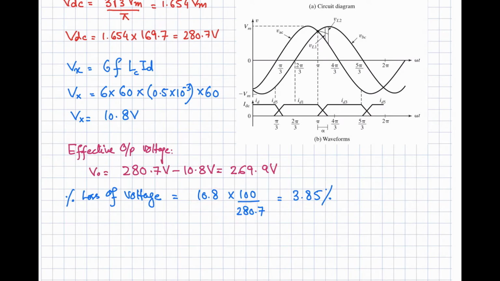Higher the line inductance, more will be the voltage loss, because the voltage loss is directly proportional to the line inductance. Higher the current, the voltage loss will increase, and if you increase the frequency, the voltage loss will further increase.